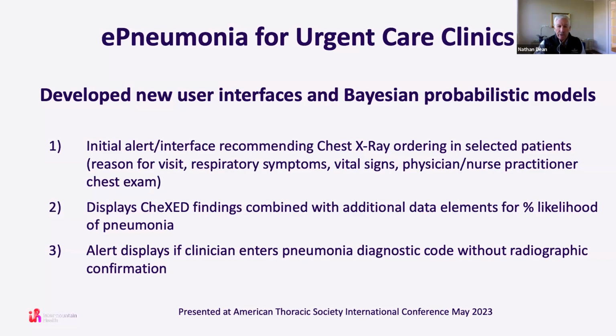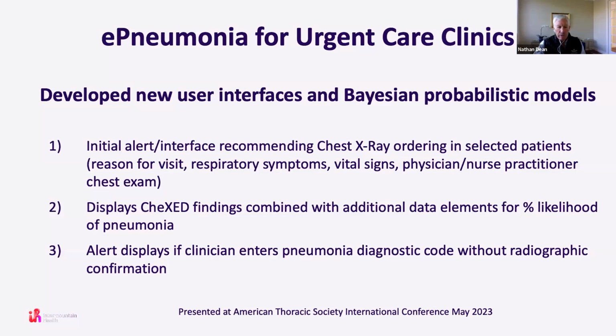And then again, CheckCD. CheckCD was updated and trained in the upright and lateral films, upright PA and lateral films that are done in these Instacares, and combined with additional data elements to calculate a percent likelihood of pneumonia. The urgent care clinics have much less data obtained on patients than emergency departments, so we had to redo the AI for this. And then we're giving the clinicians a little bit of time to get used to all of this.